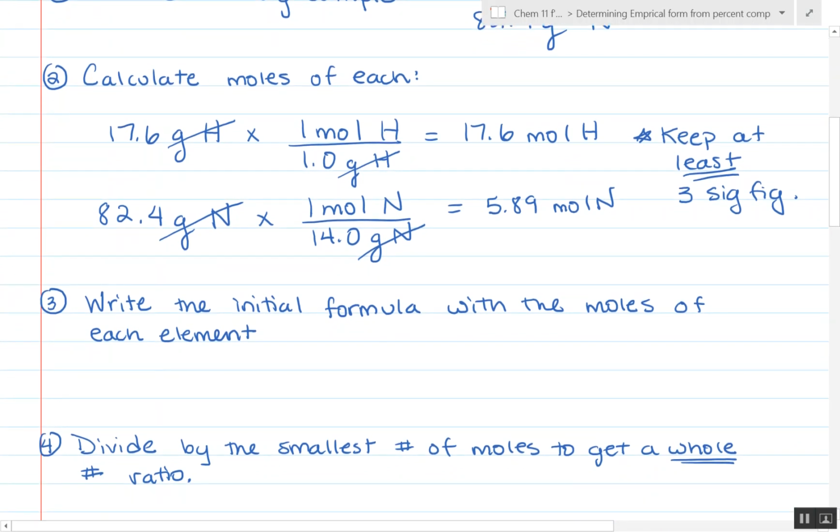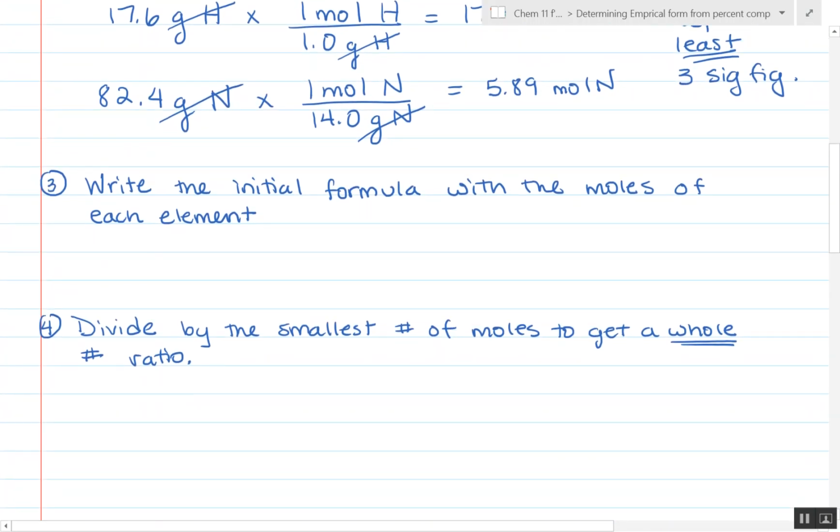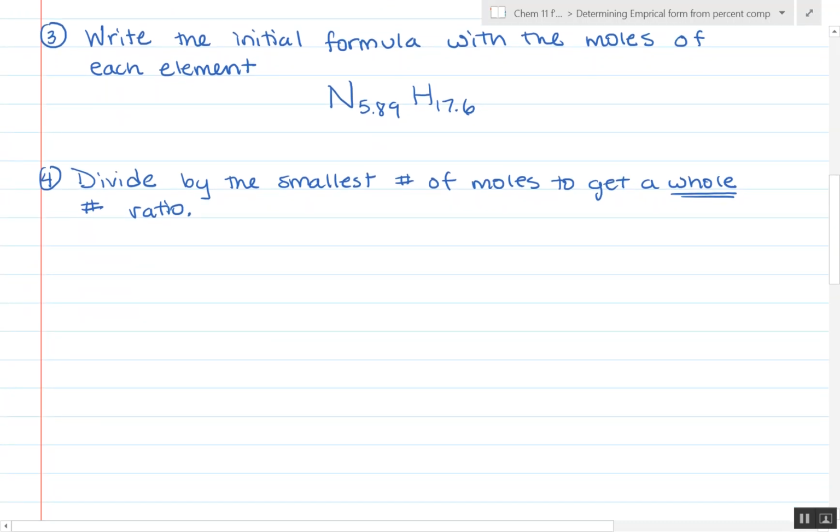Okay, so number 3, write the initial formula with the moles of each element. So the way this will look is we use the moles as the subscripts for the elements. So nitrogen, there's 5.89, so as a subscript, and hydrogen, it's 17.6 because that's the number of moles we calculated in the last question. In our next step, we want to take that initial formula and divide by the smallest number of moles to get a whole number ratio.